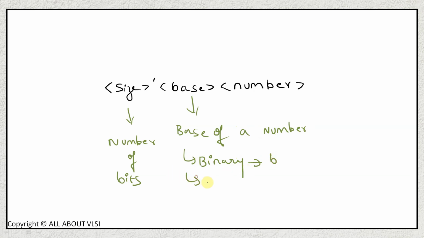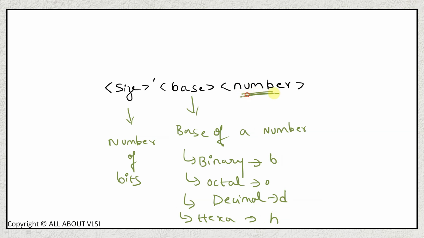Octal numbers are represented with small o, decimal numbers with small d, and hexadecimal numbers with small h, followed by our number or value. This is how we represent any number using this syntax.